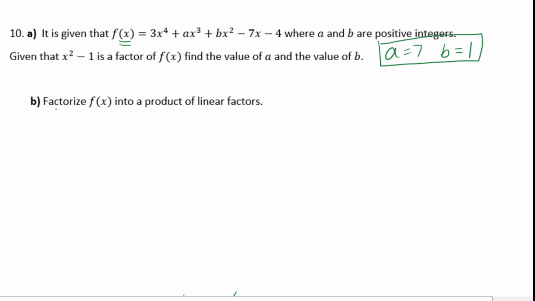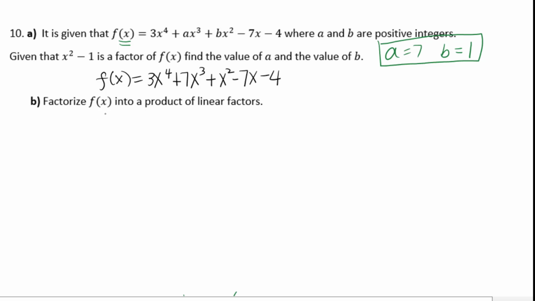Now let's go to b. Factorize f of x into a product of linear factors. Since we already have a equals 7, b equals 1, we can write down f of x equals 3x to the fourth power plus 7x to the third power plus x squared minus 7x minus 4.